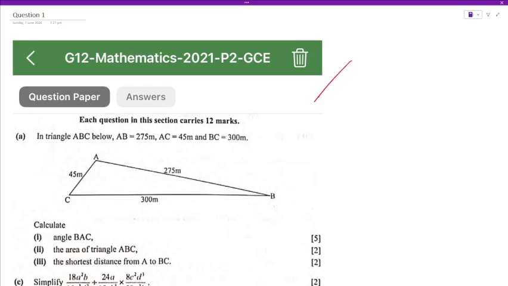So for the one where they give you two sides and an angle, the key is that, let's say this is triangle ABC. Let's say they give you this side here and this side here, they'll give you this angle as well.